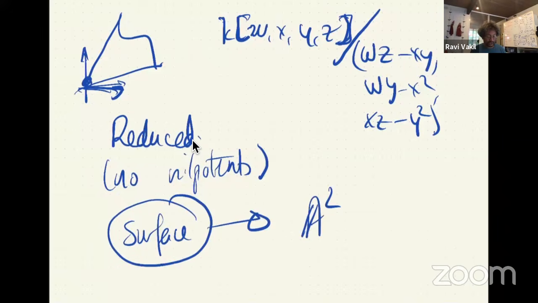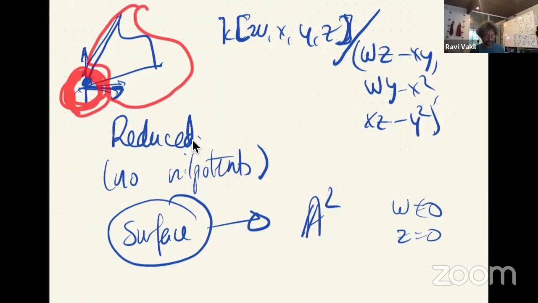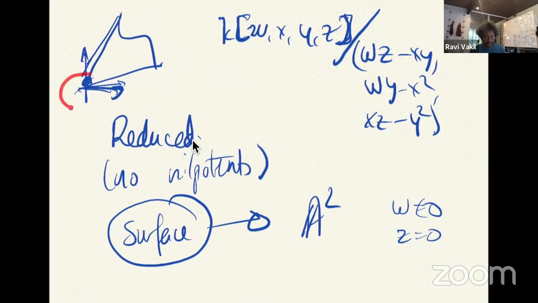Then we do know it's dimension 2 away from W0. And we do know, because we've checked that as a ring space, it's A2 minus something away from Z equals 0. That will take care of everything except for that origin, because everything will be covered by those except for that. And so we know it's something which deserves the name. If A2 is a smooth surface, then this is a smooth surface, except we have this one extra point. And so we don't know whether it's smooth or not smooth. We have to figure out what we mean.